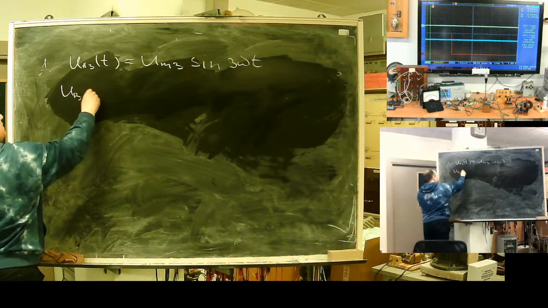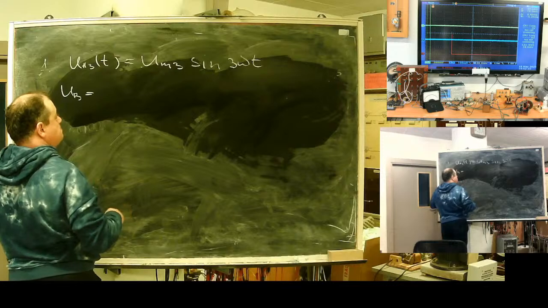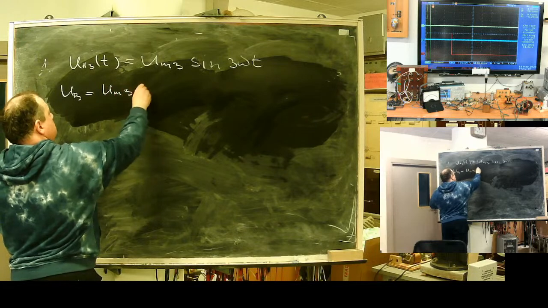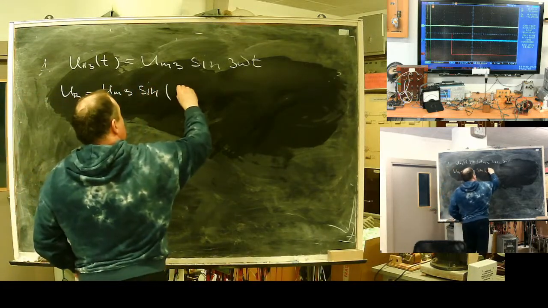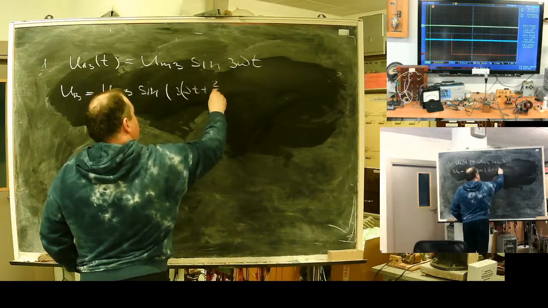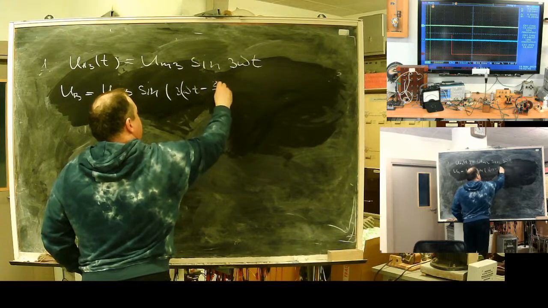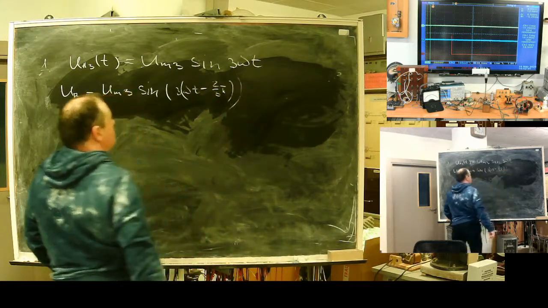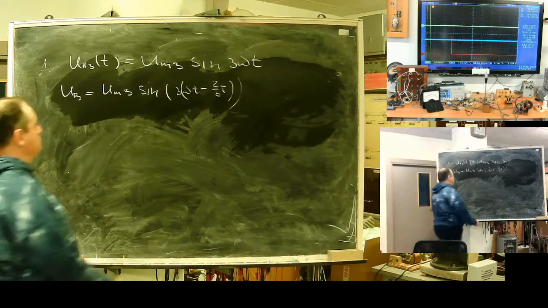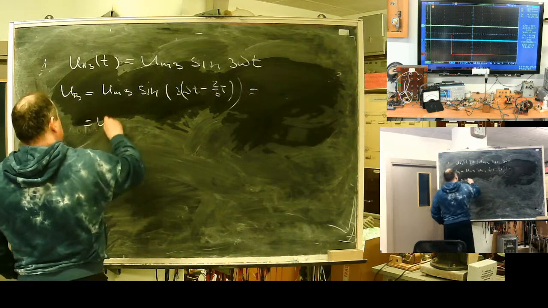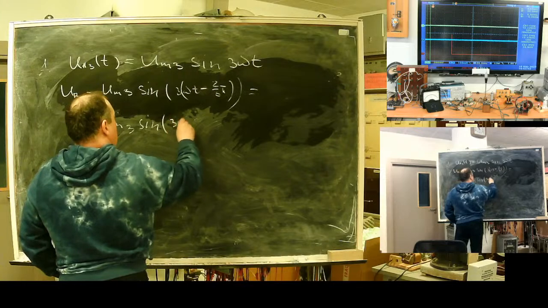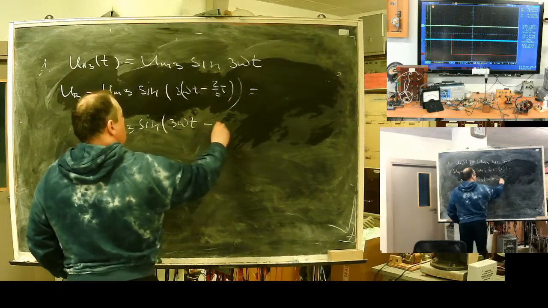B phase will be sine 3 omega t minus 2/3 pi times 3. What does it equal? Sine 3 omega t minus double pi.